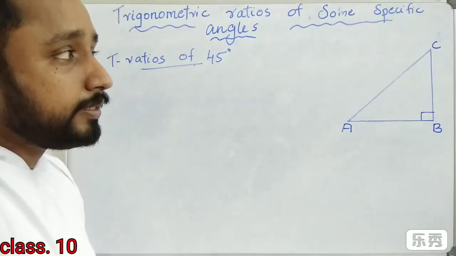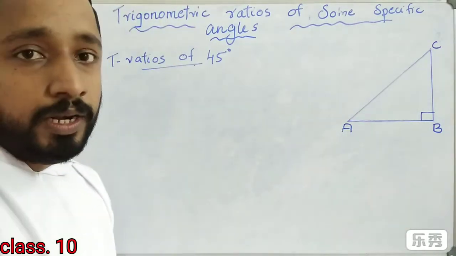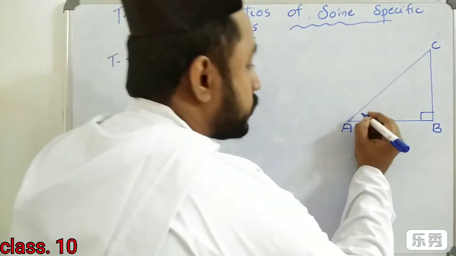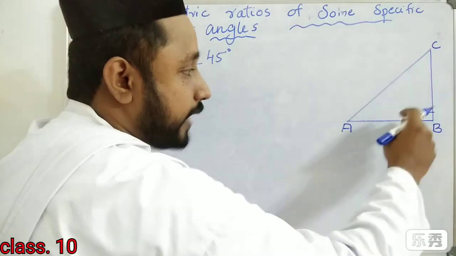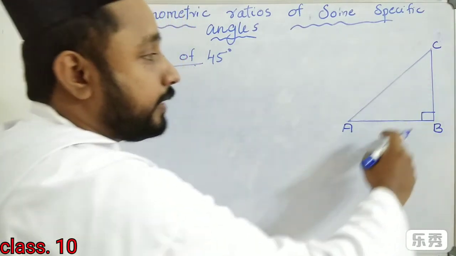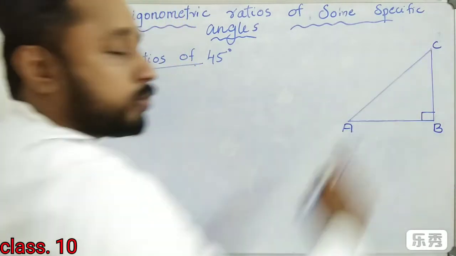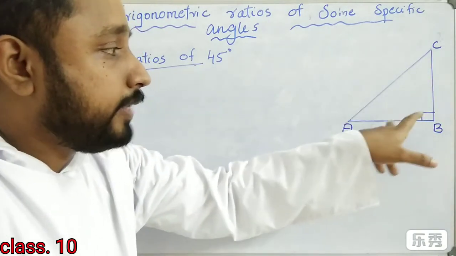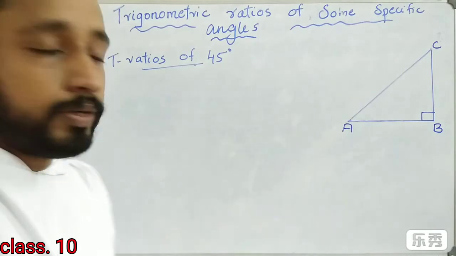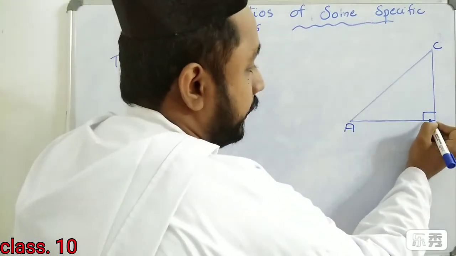Isosceles triangle means two sides are equal and the base angles are also equal, or the equal side and the angle opposite to that side are also equal. So this is 90 degrees.